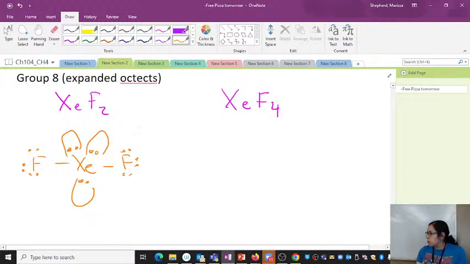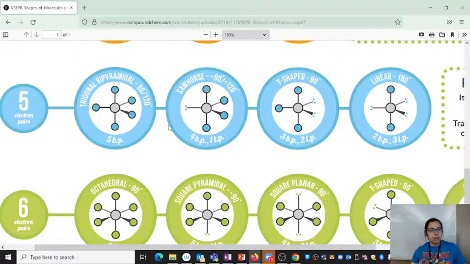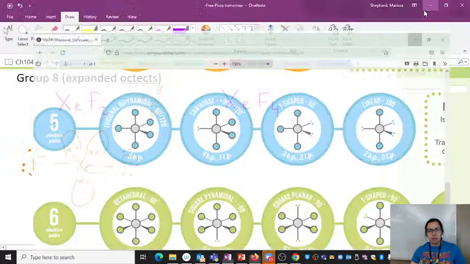You could also add up your total number of electrons: 8 plus 14 gives you 22. So again, that's how you get your 3 lone pairs, and just like you said, it would be linear. So we double check ourselves: 5 electron pair, 3 lone pairs, giving us linear.